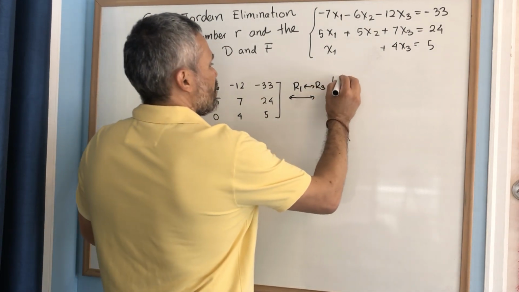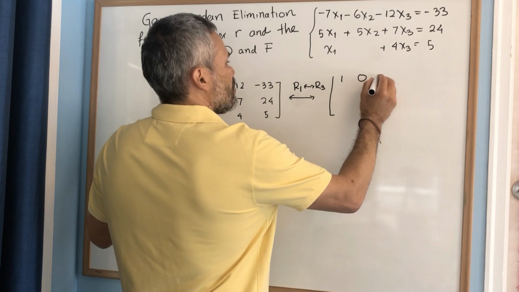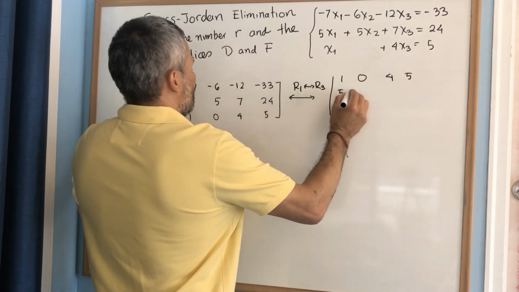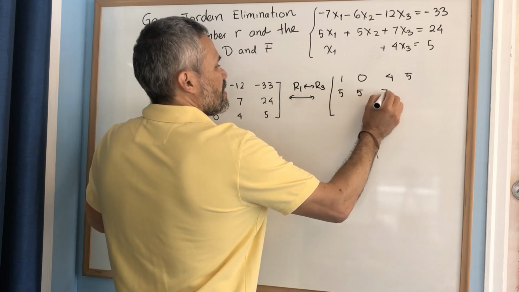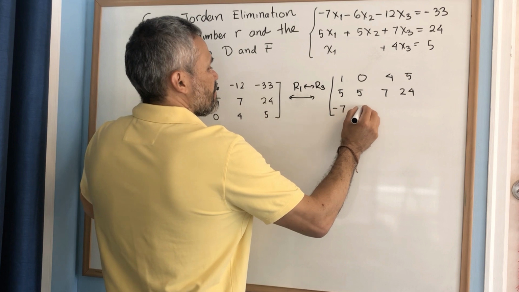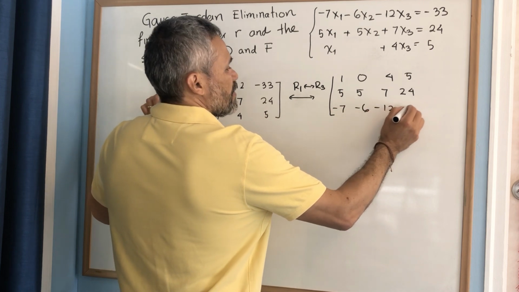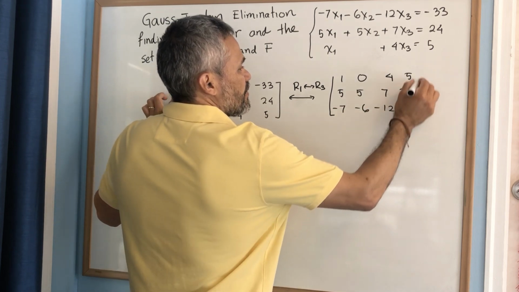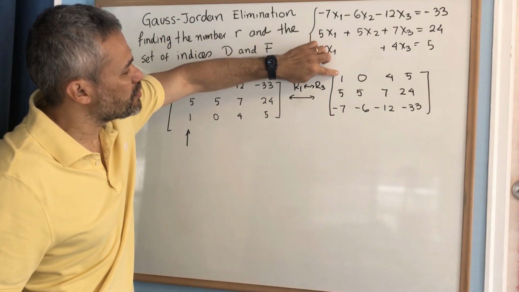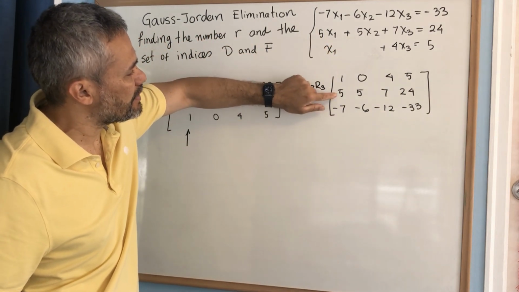And we have 1, 0, 4, 5, 5, 5, 7, 24, negative 7, negative 6, negative 12, negative 33. Now we use this one to put zeros in here and here.